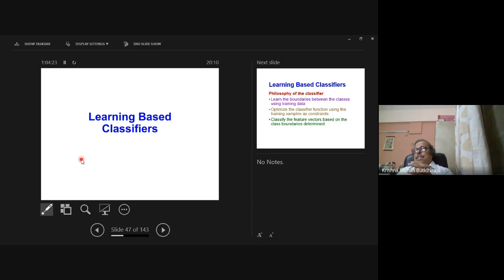These are assumptions which are rarely satisfied. So given the data, you first learn which are the zones in the feature space relating to each class. After that you perform the classification.